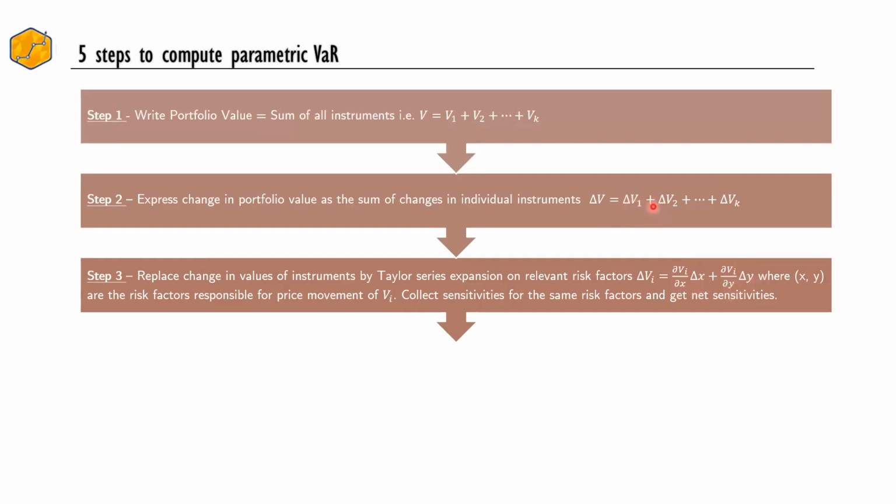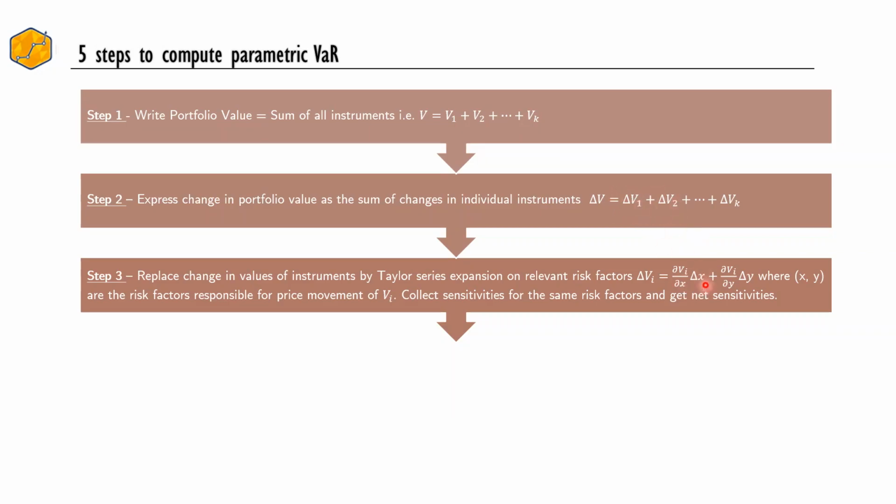When you do that for every instrument, there will be some instruments which reference the same risk factors. Let's say this instrument also is a function of X. This instrument is also a function of X. If you look at this term, if you take delta X common, the sensitivities of individual instruments will get added up. This term will come from one instrument.